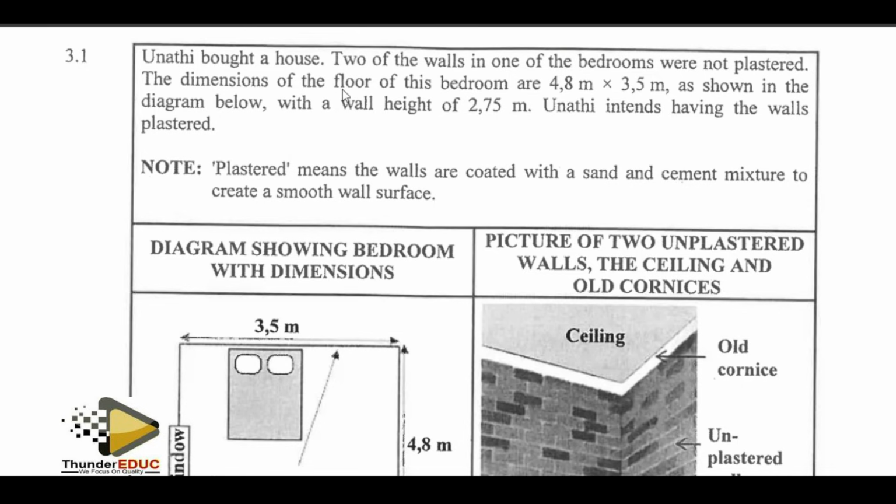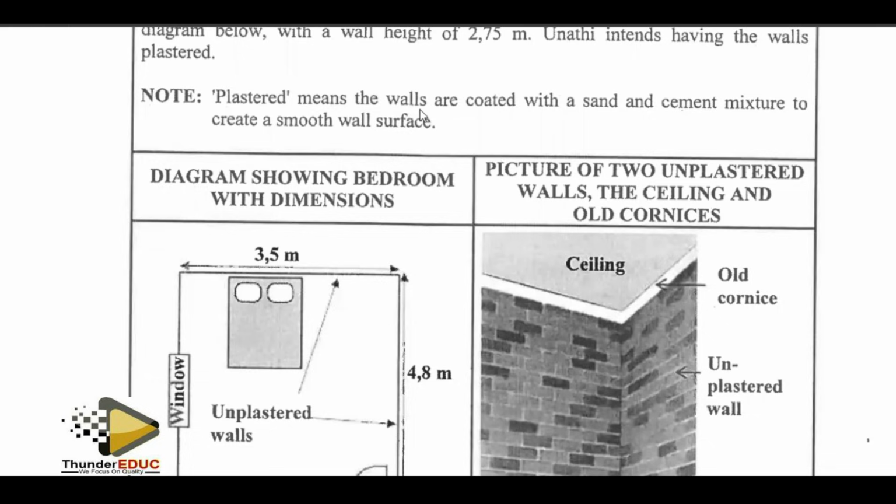The dimensions of the floor of this bedroom are 4 meters by 3 meters, as shown in the diagram below, with a wall height of 2,75 meters. The owner intends having a wall plastered. Note, plastered means that the walls are coated with a sand and cement mixture to create a smooth wall surface. In other words, the bricks are still visible. You see the bricks the way they are.